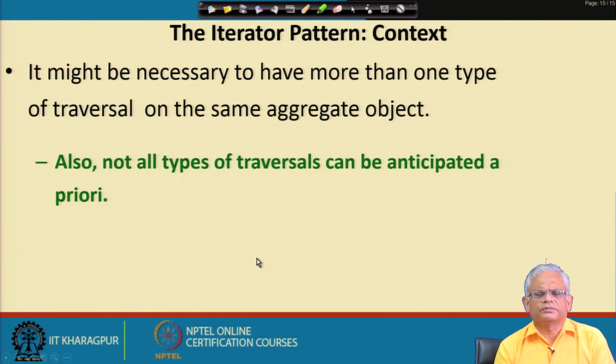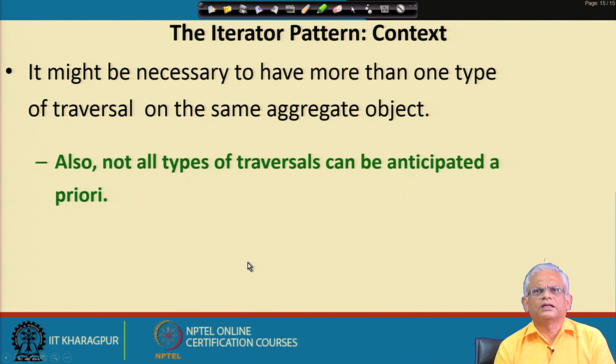Now, the context of this pattern is that often we need different types of traversal on the same aggregate. We might need multiple iterators by the same client or maybe by different clients, and also all types of traversal cannot be anticipated a priori.